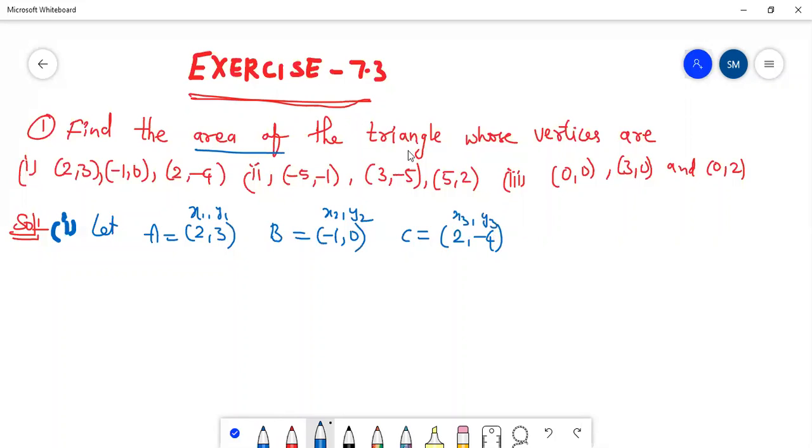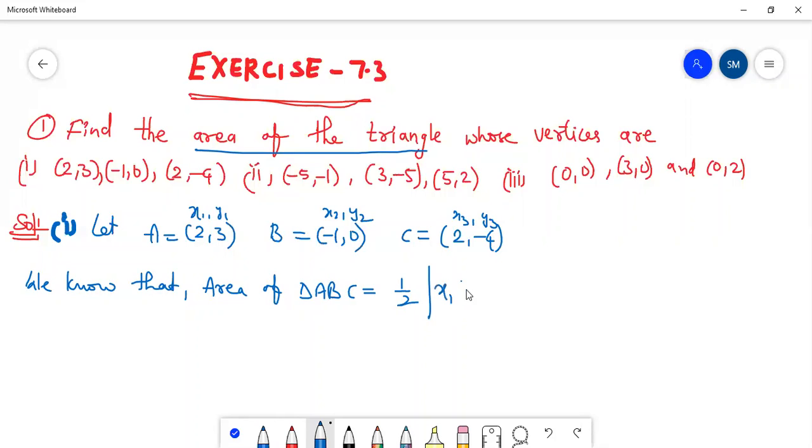Here we find the area of the triangle. We know the formula: area of triangle ABC is equal to 1 by 2 into modulus of x1 into y2 minus y3 plus x2 into y3 minus y1 plus x3 into y1 minus y2, and we apply these values in the formula.